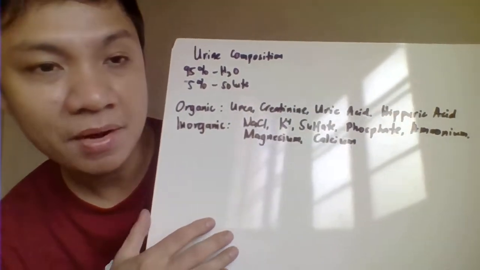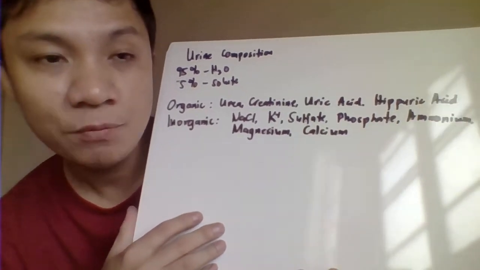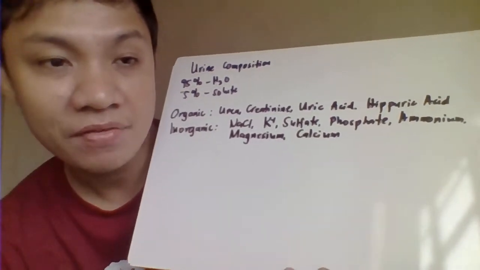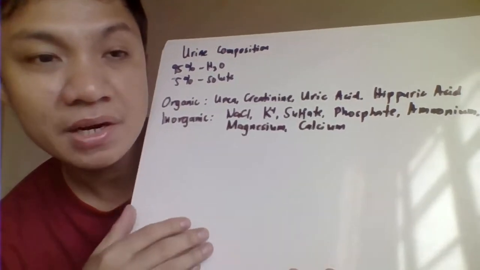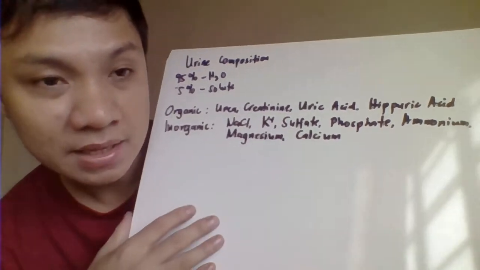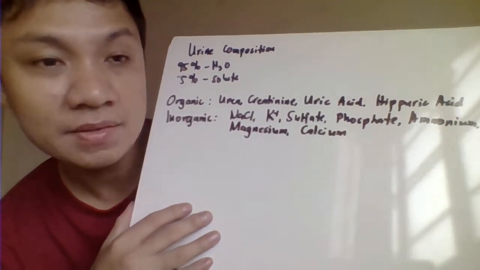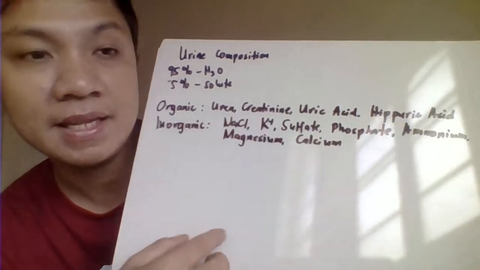Okay, so another thing about the urine: sometimes we are in doubt whether the submitted sample is the patient's urine or not, because of course there are some other body fluids that resemble urine. To make sure that it is urine, you can check the level of urea and creatinine.